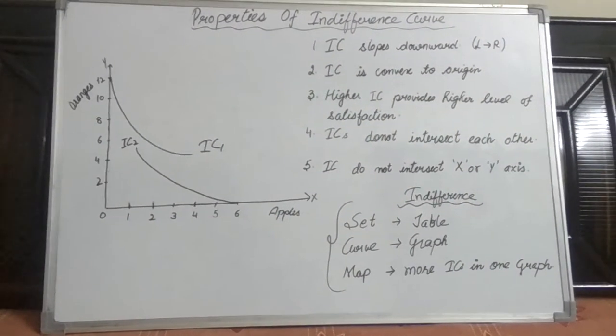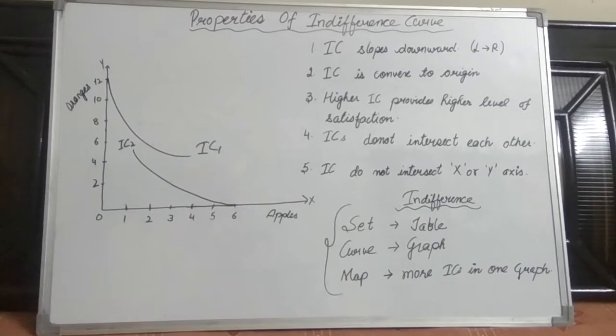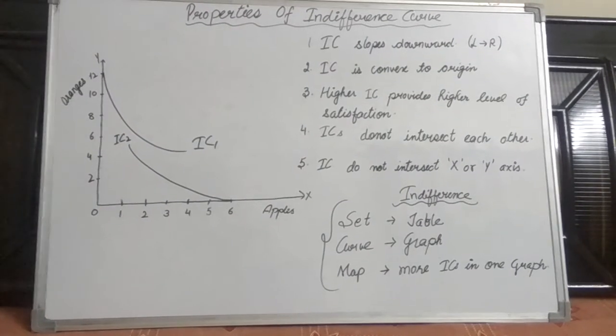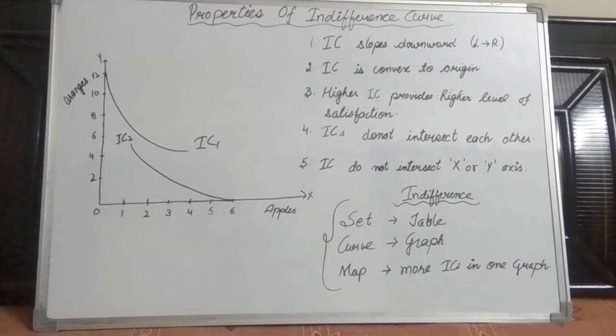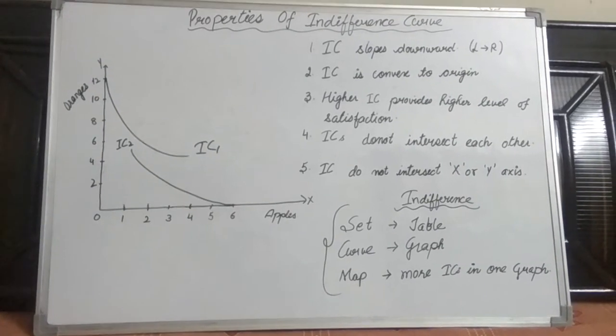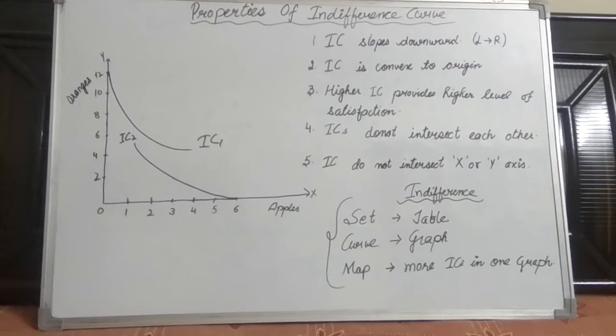In the case of the IC1 curve, the curve starts at a point on the y-axis, which means the maximum quantity consumed is of good y only and he is not consuming good x, which is not possible.